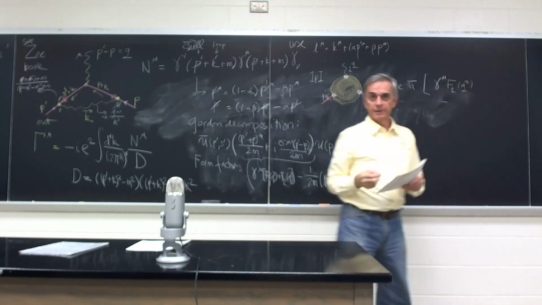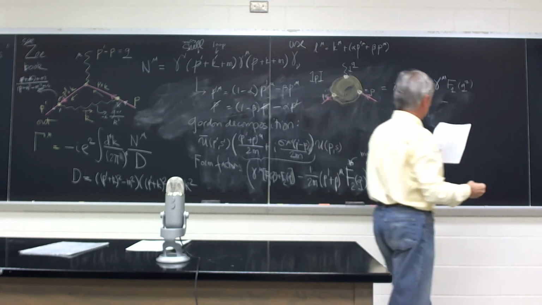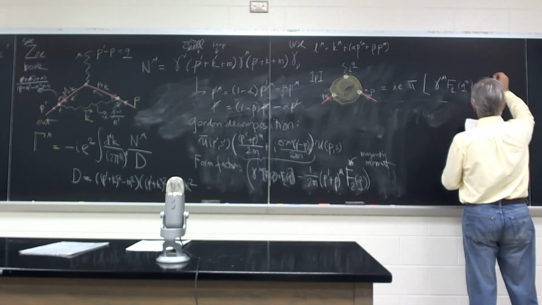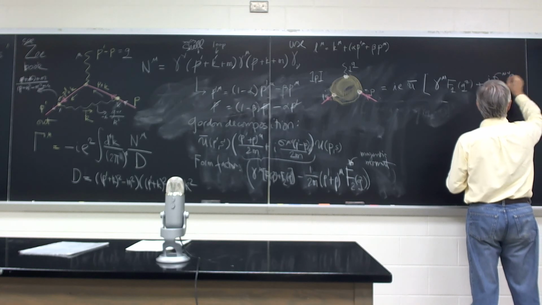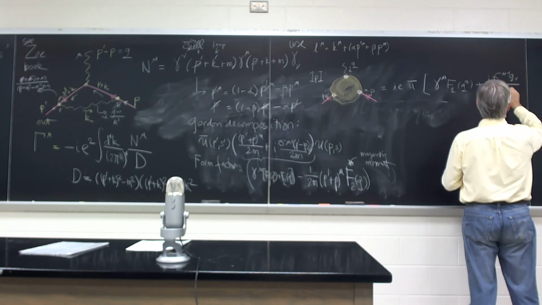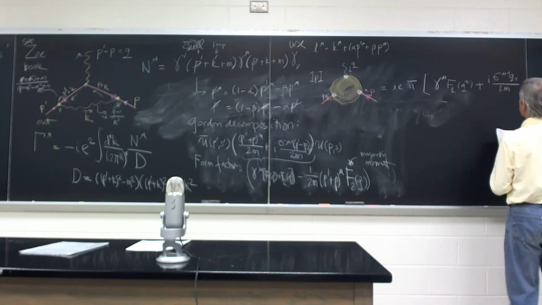They can be interpreted as charge renormalization plus i sigma mu nu q nu over 2m, times a square.